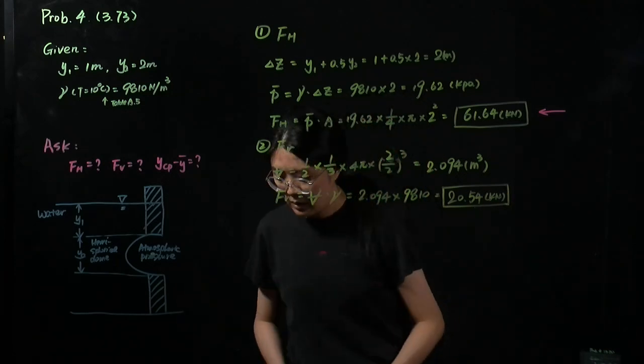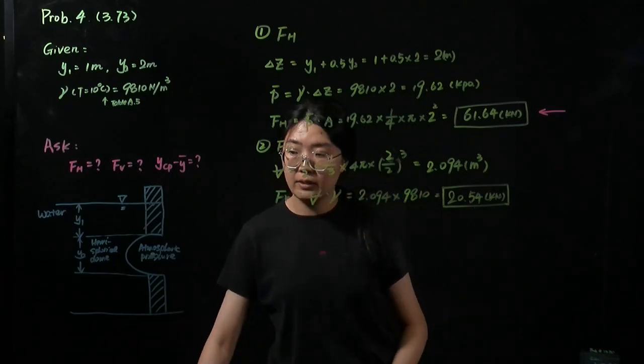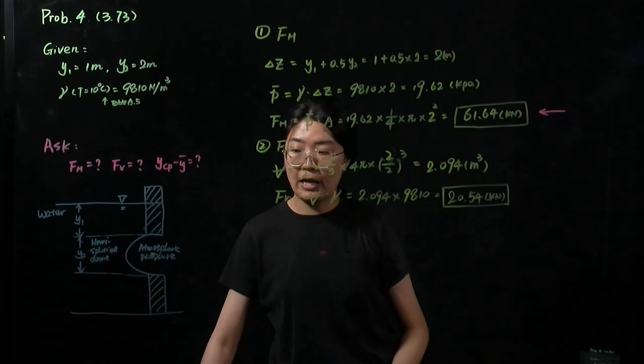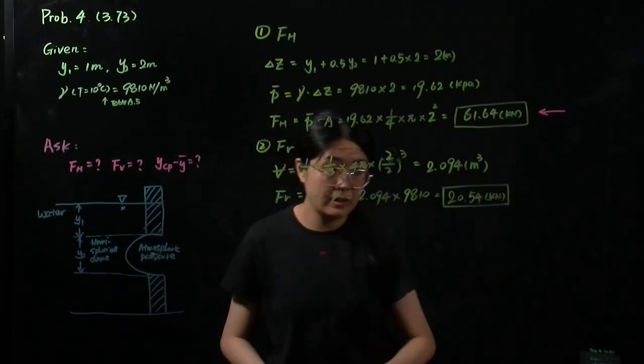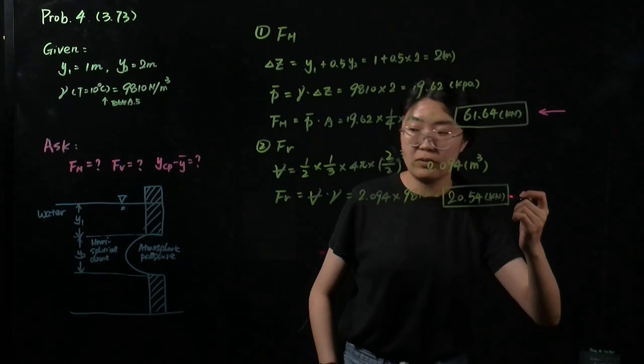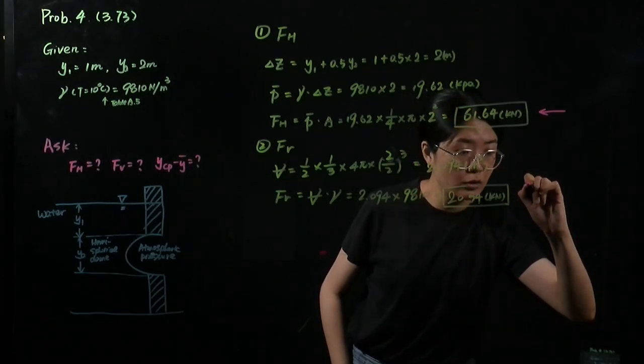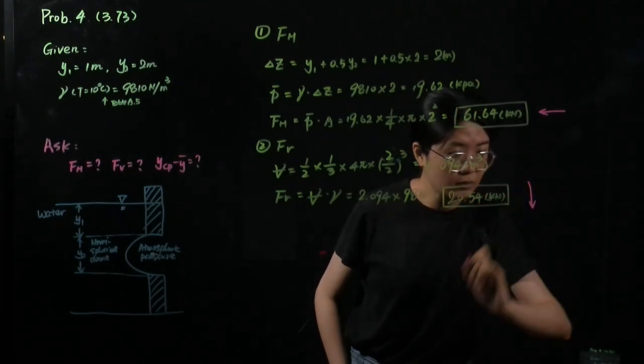And because the vertical component of the hydrostatic force is going up, to keep it in place, the force exerted on the dome should go downward.